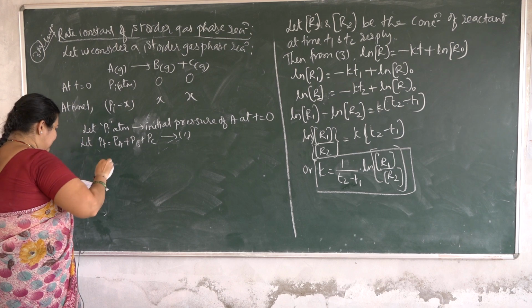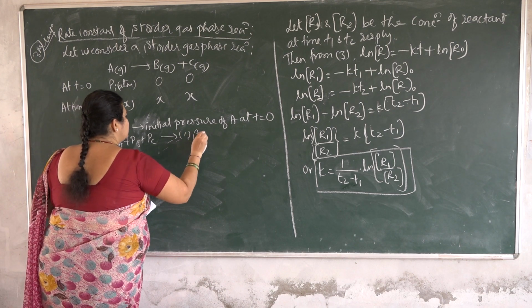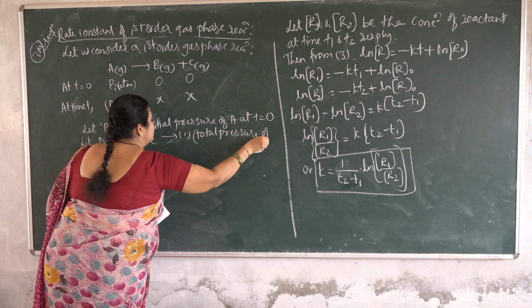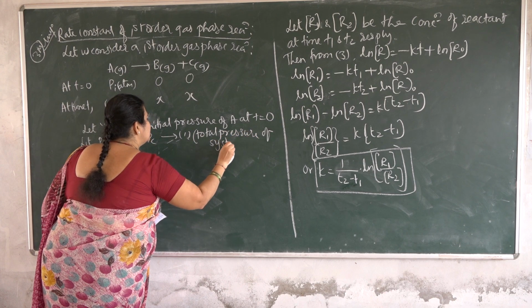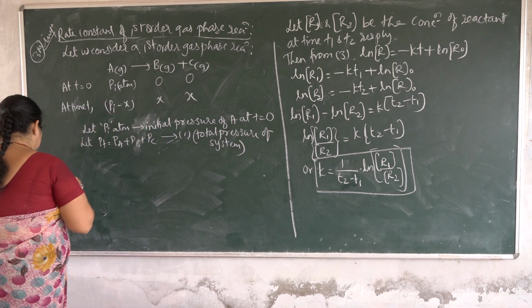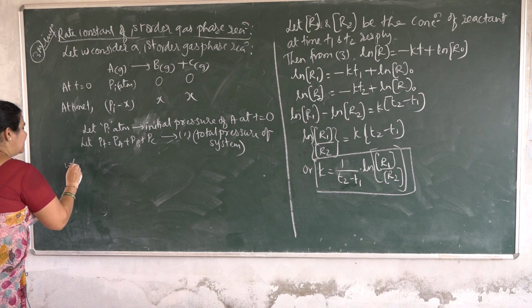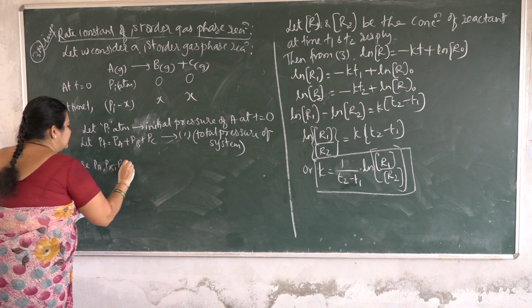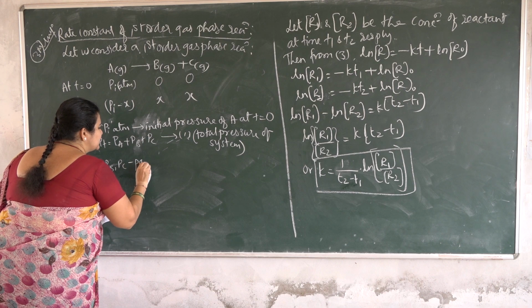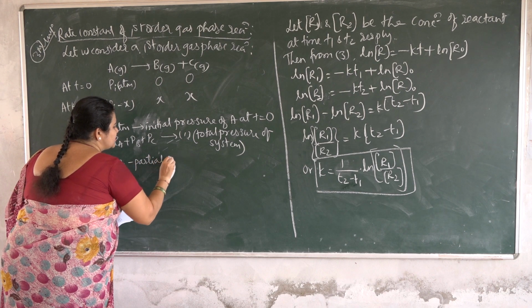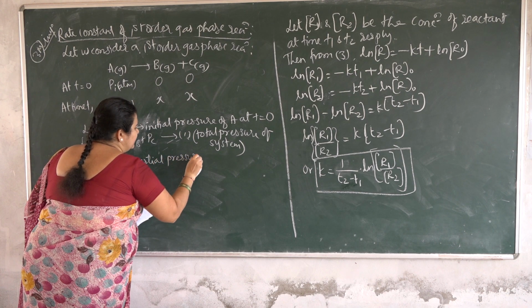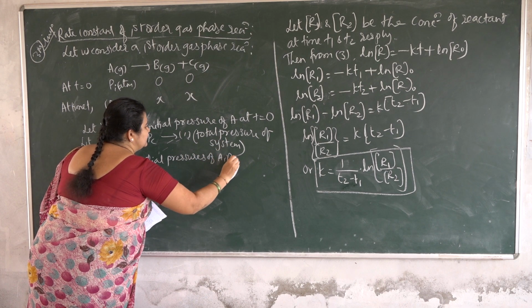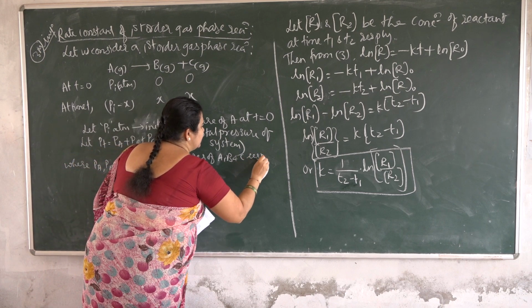Okay, at time t, this is the total pressure of the system, where PA, PB, PC are partial pressures of A, B and C respectively.